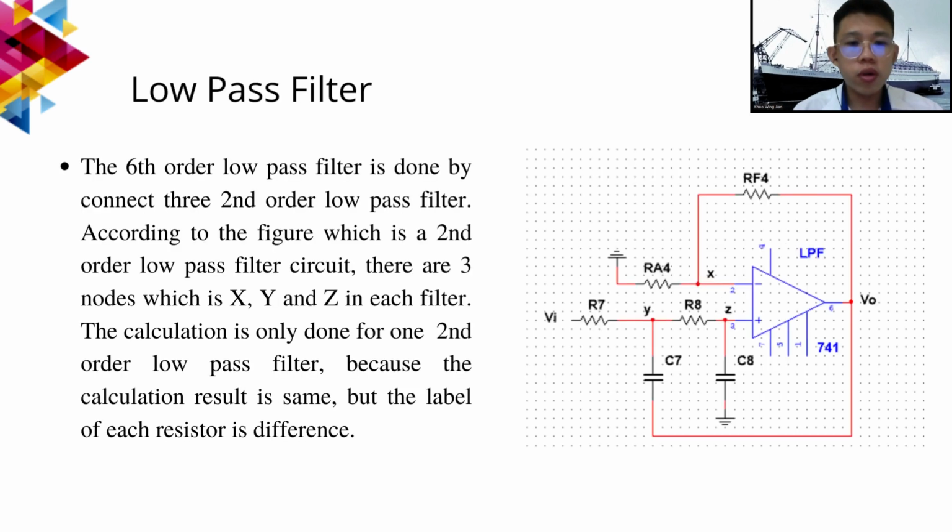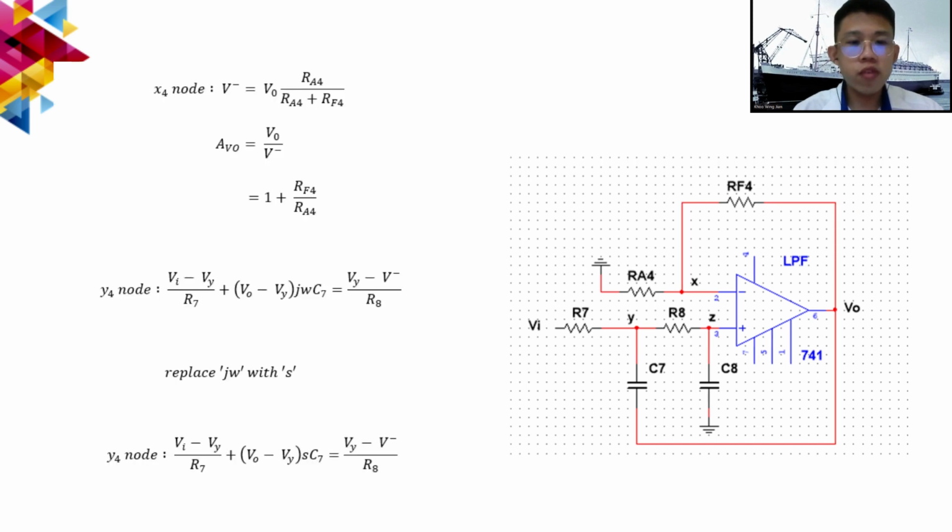For the low-pass filter, the 6th-order low-pass filter is done by connecting 3 second-order low-pass filters. According to the figure of a second-order low-pass filter, there are 3 nodes, X, Y, and Z, in each filter. For the X node, the AVO is equal to 1 plus RF4 over RA4.